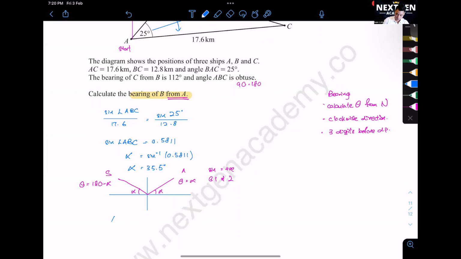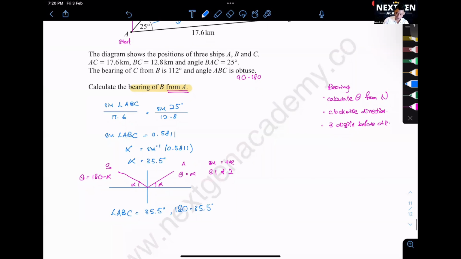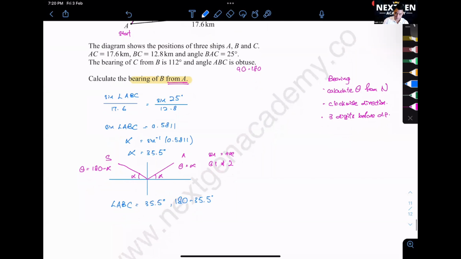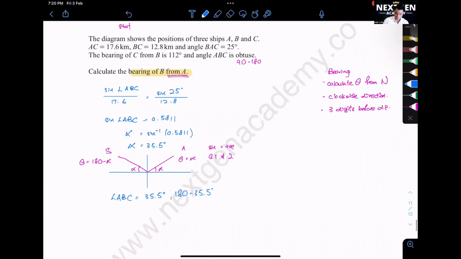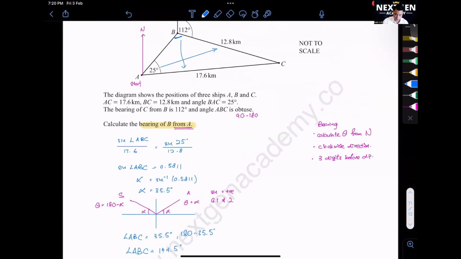So my angle ABC can be 35.5 or 180 minus 35.5, which is 144.5. Which one do we take? Because they say it's obtuse, I will take angle ABC equal to 144.5 degrees. You don't take the 35.5 because they already mentioned it is an obtuse angle.